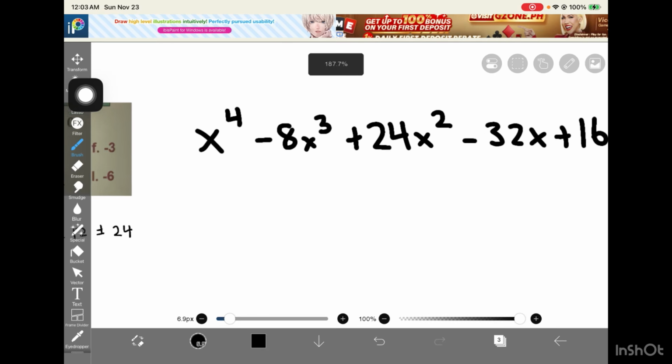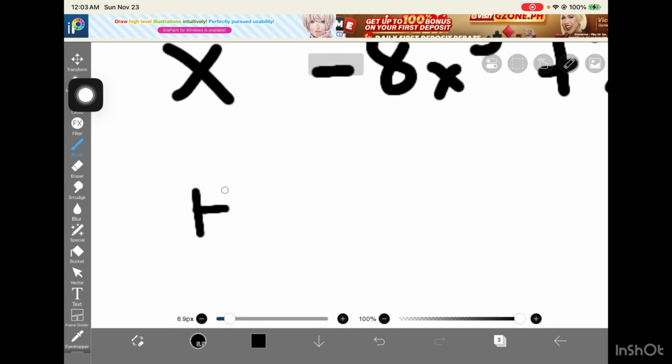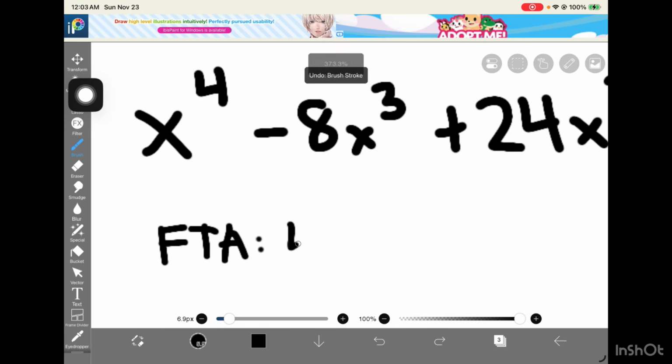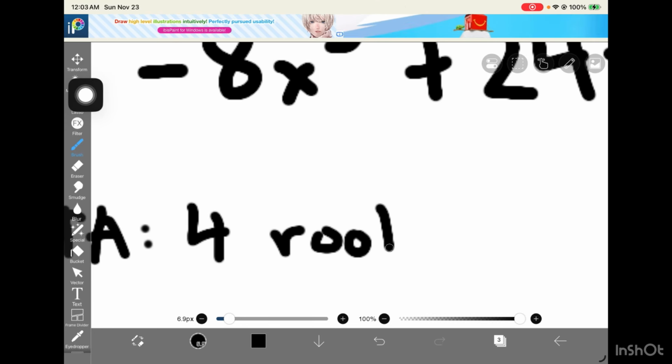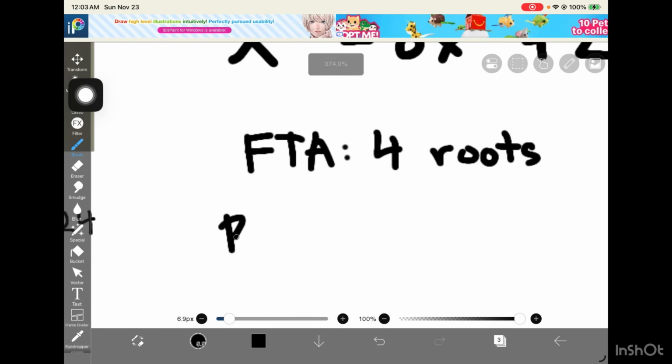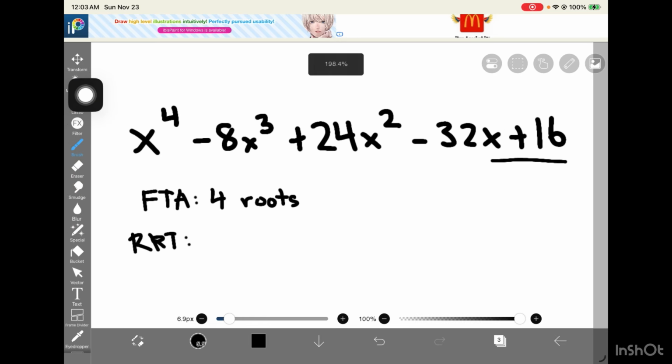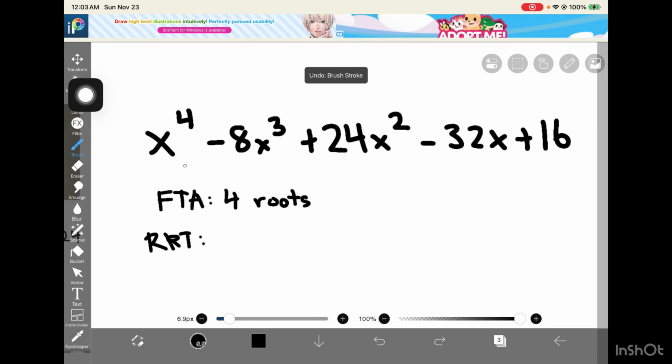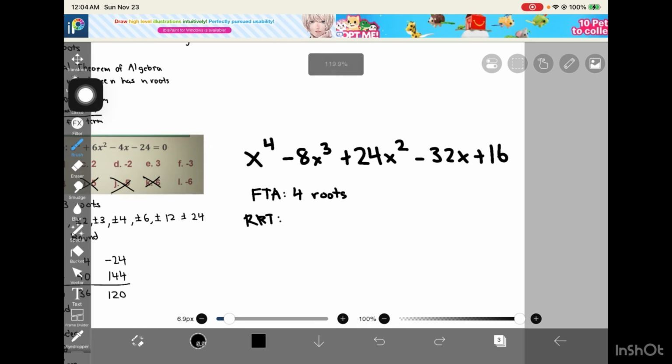So first and foremost, let's use our FTA to know that there are 4 roots. Then by RRT, we can just list the factors of 16 because our first term is just 1. So remember to consider plus minus.